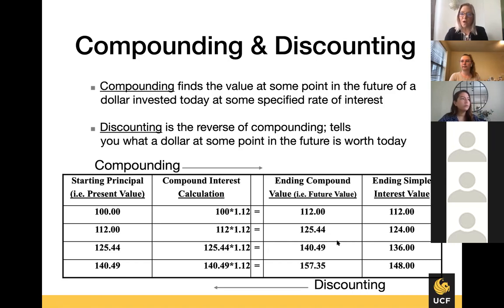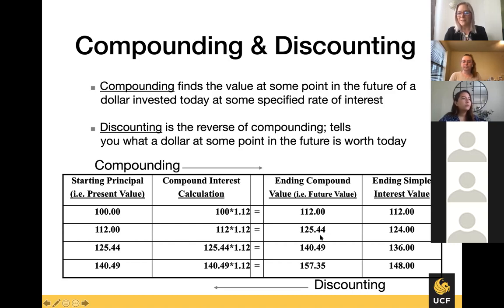The difference with compounding is once we have our initial starting principal, and we multiply that by 12%, we get our ending value of $112. Now, the difference between simple interest and compound interest is that we use the $112 to calculate our year 2 interest.